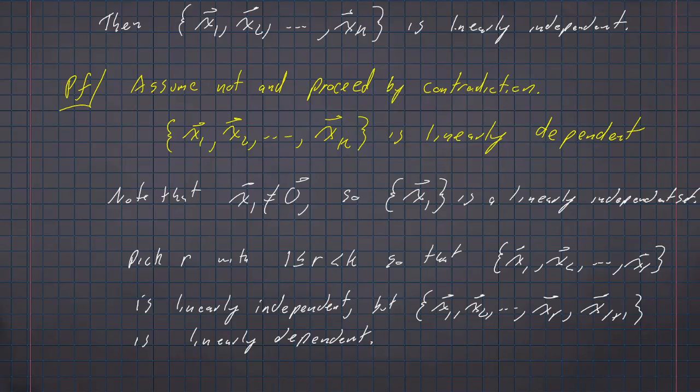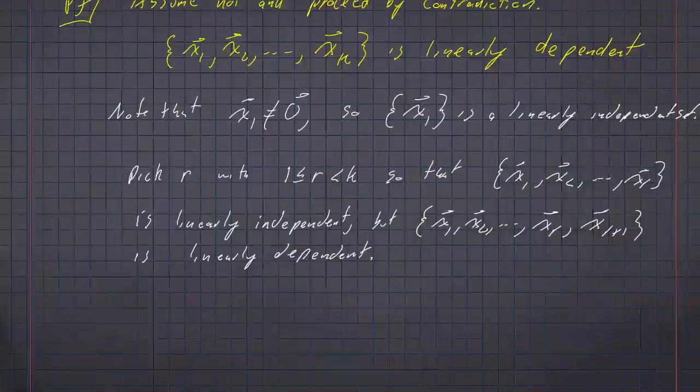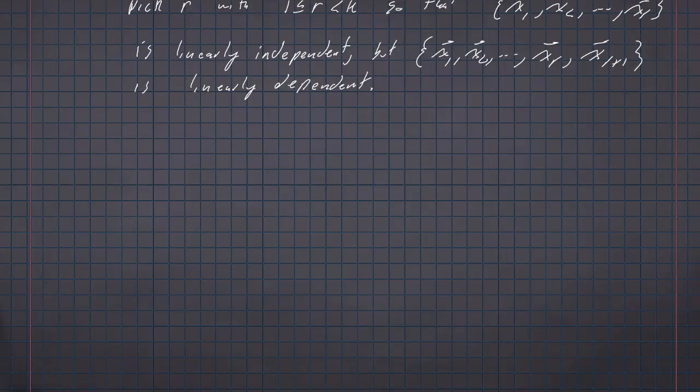So that when you take x1 through to xr, you get a linearly independent set. And when you put one more vector in, it turns into a linearly dependent set. Again, we're proceeding by contradiction. So we're going to show that this is nonsensical to assume that this is going to happen. And that's exactly what we want.